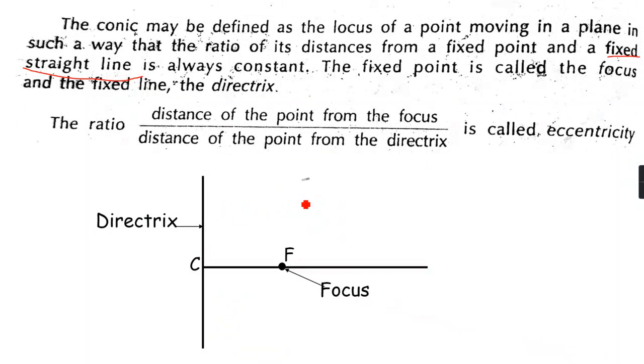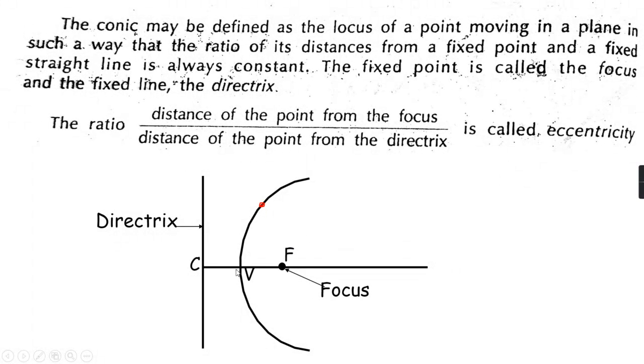Then we are getting a curve, and any point on this curve has the same ratio: the distance from the focus in the numerator, and the distance of this point from the fixed line, that is the directrix, in the denominator.